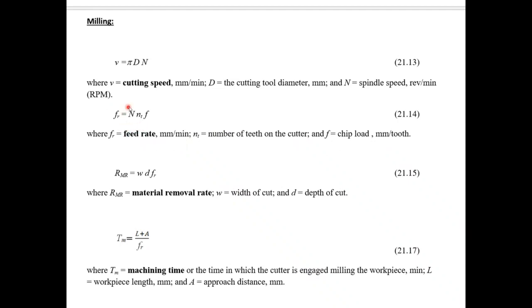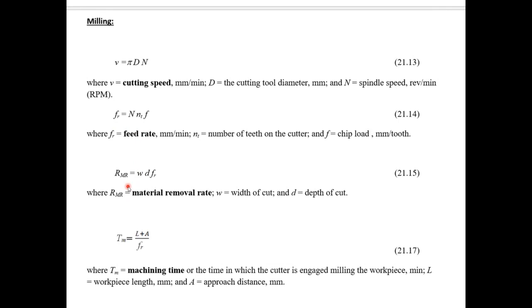And also in the equation, what is included is the spindle speed, the one that we had up here, and also the number of teeth of the cutting tool. In milling operations, we are making use of multiple cutting edges. So the number of cutting edges on the cutting tool makes a difference in what we get for the feed rate, and that is important.